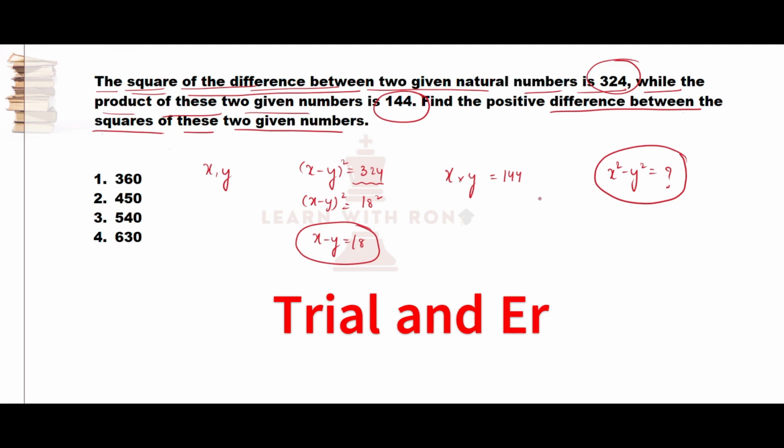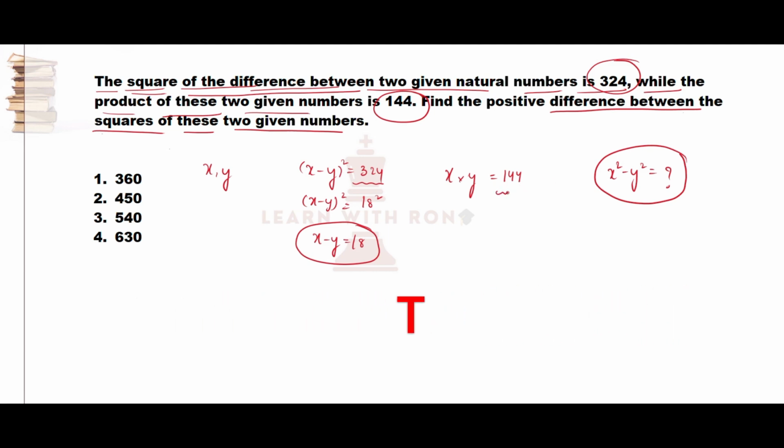First, let us solve by trial and error method. I need to write 144 as a product of two numbers such that the difference should be 18 and the product should be 144. See here, I can write 144 as 12 times 12, and 12 can be written as 3 times 4 and 6 can be written as 6 times 2.